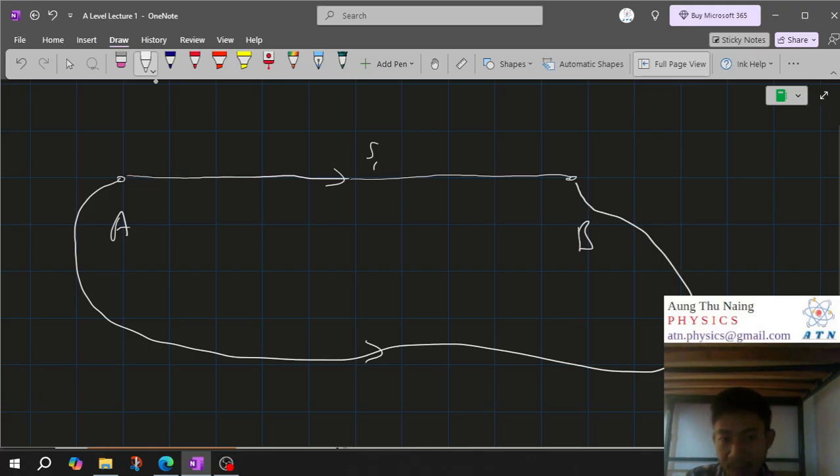This is object 2, and this is S2. So the starting point and end point for both objects are the same, but paths are different. The first object takes time T1, and the second object takes time T2.